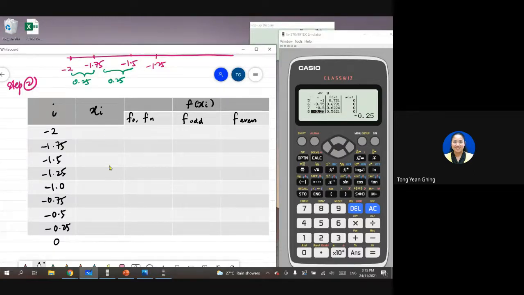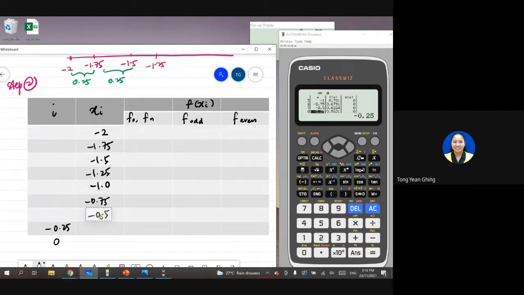This one should be the value of x. This one is 0, so it starts from 0, 1, 2, 3, 4, 5, 6, 7. In total we have 8.